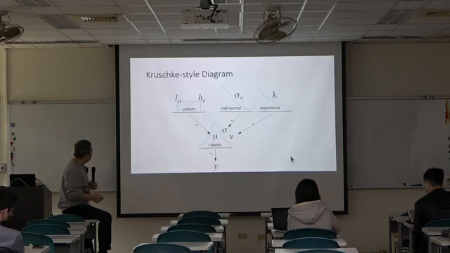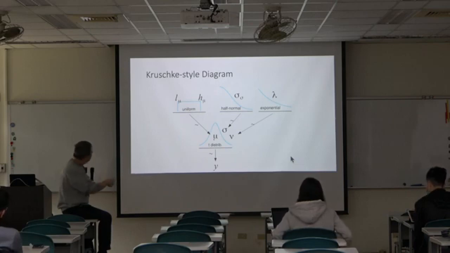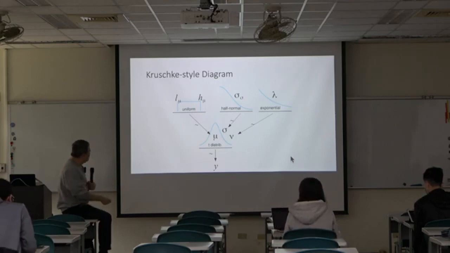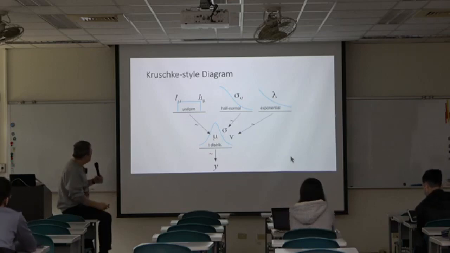So this is the result, and we draw a diagram to represent this model. We use the Student's t-distribution, and on top of this we have 3 parameters, where mu comes from the uniform distribution, sigma comes from the half normal, and v, or nu, whatever you call it, comes from the exponential distribution.